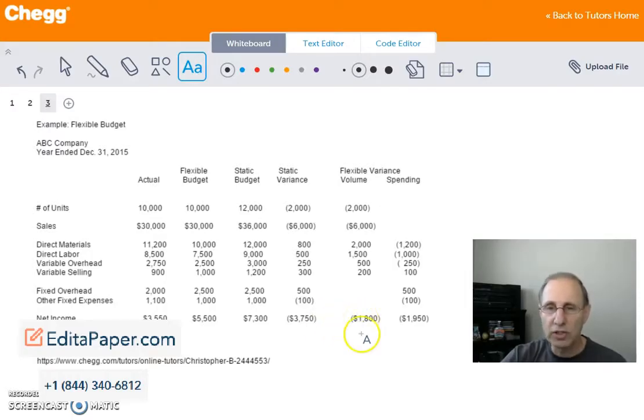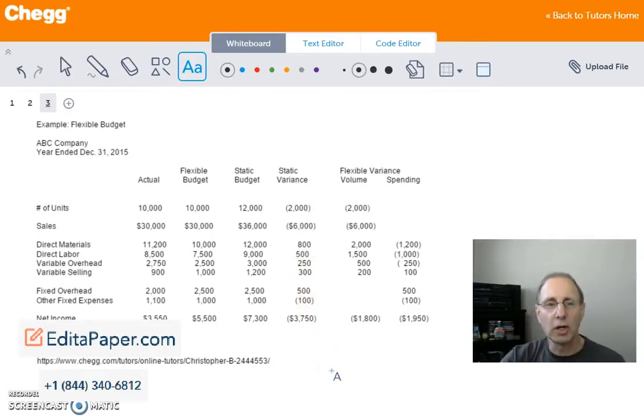One, we had a decrease in volume, so we were unfavorable by $1,800, but our spending was also unfavorable by $1,950, which says to management that the variable costs, which are controllable, we were not able to align with the level of activity drop that we experienced versus our original static budget.